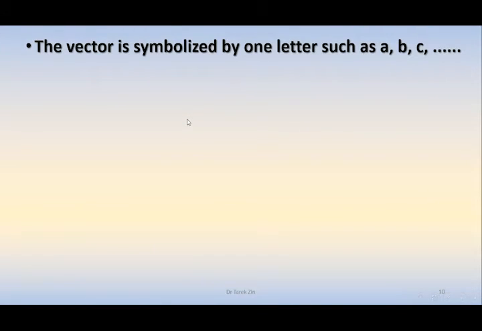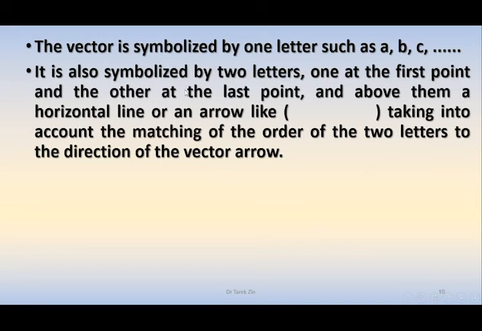Let's see how we can symbolize vectors. We symbolize vectors all the time with alphabetic symbols such as A and B and C. Sometimes we can symbolize by two letters, meaning the first point and the last point. So we start with the first point, coming from, and the other point, going to.